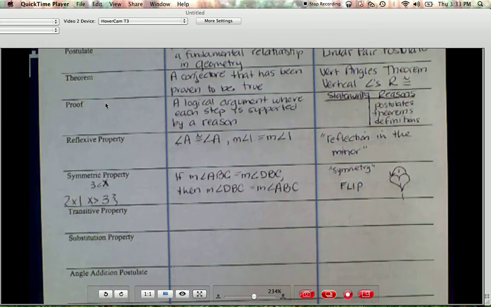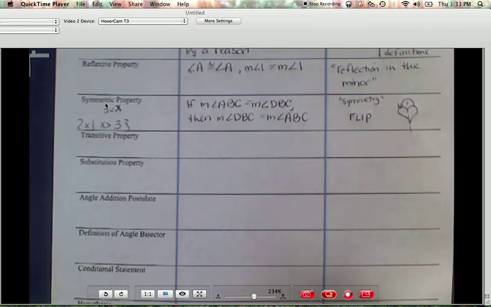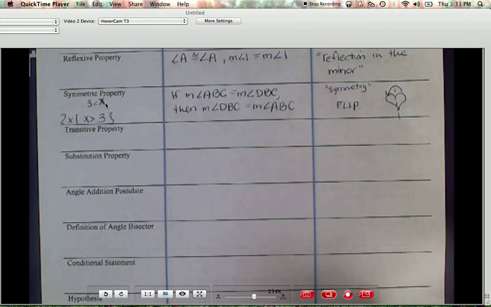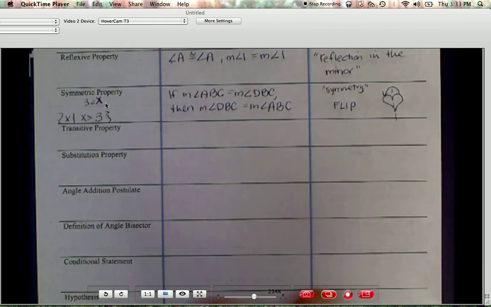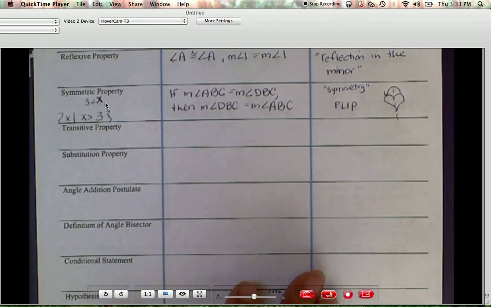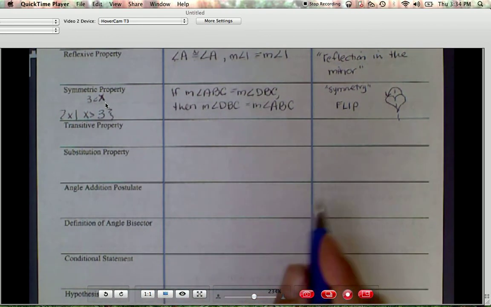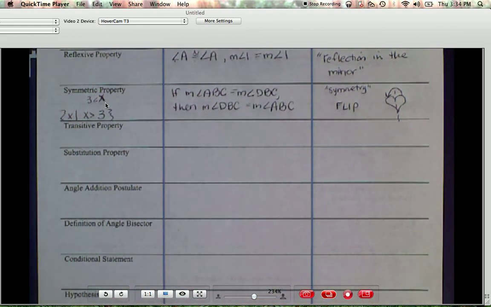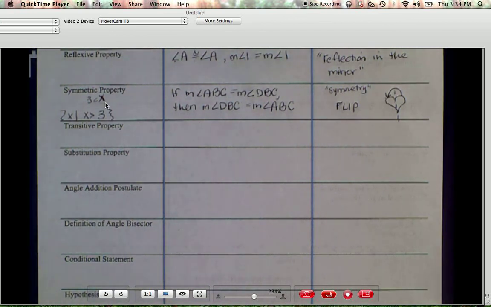The next one is actually my all-time favorite property, the transitive property. Several years ago, there was a commercial on TV for Everybody Loves Raymond, that show, and it said, "Everybody loves Raymond. Raymond is on Wednesday nights. Therefore, everybody loves Wednesday nights."